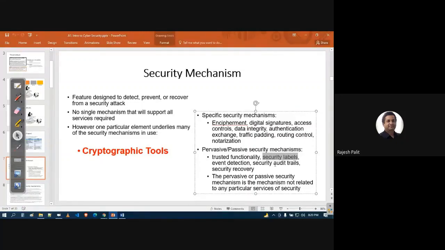Then security audit trails. Say if you want to recover from an attack, you must examine the security audit trail so that you can revert or modify the changes made by the attackers. This is not a security service itself, but using this you can recover from the attack.